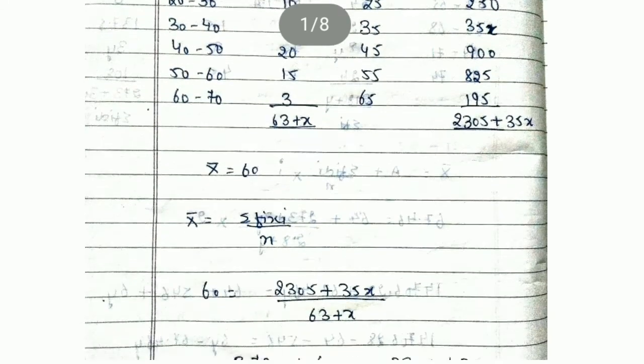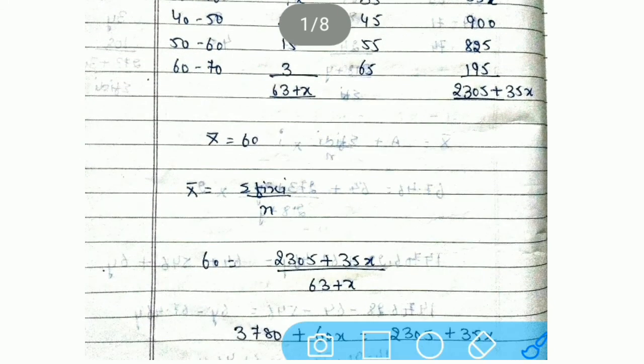Now, here see, I have put the formula of x bar equals sigma fi xi divided by n. Now, when we are going with the classes, at that time we are using the formula of x bar equals a plus sigma fi di divided by n into i. Here you can use that formula also, or you can go with this simple formula also.